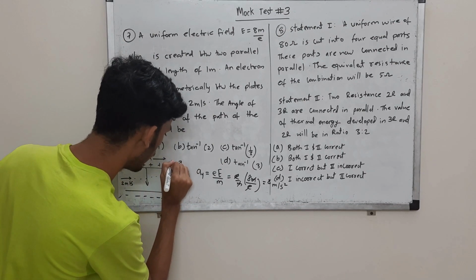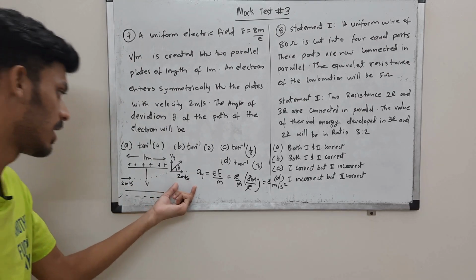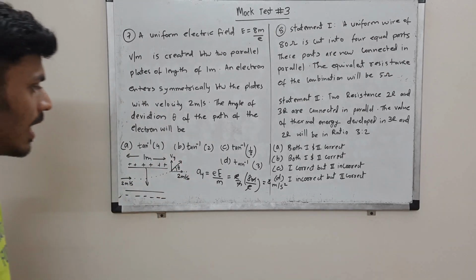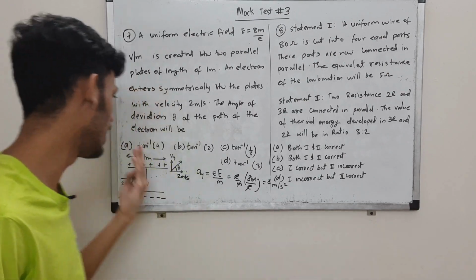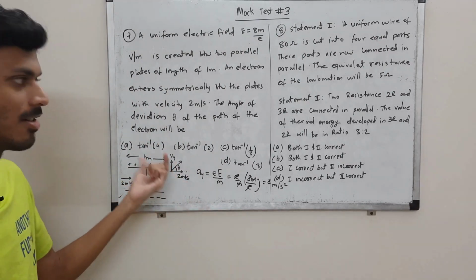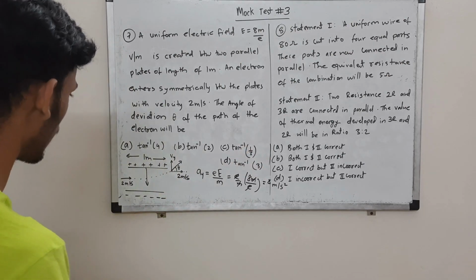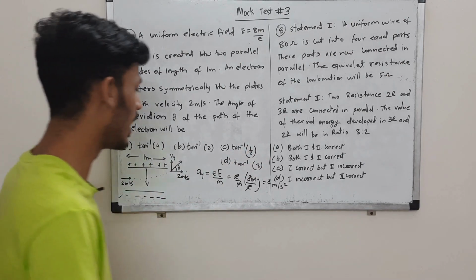So our objective is to find the velocity in the y direction. So we know velocity in the x direction and velocity in the y direction, so we can take tan theta. Tan theta will be Vy by Vx, and that will give us our answer, theta. So that is the objective: find the velocity in the y direction.